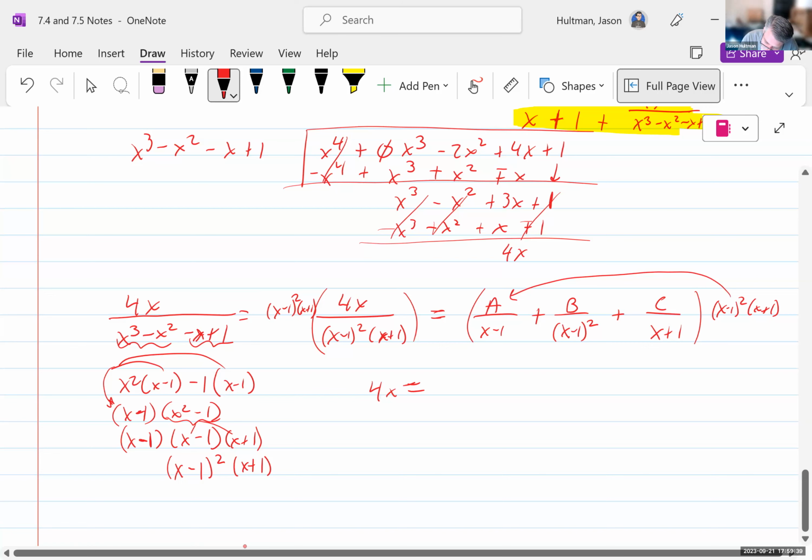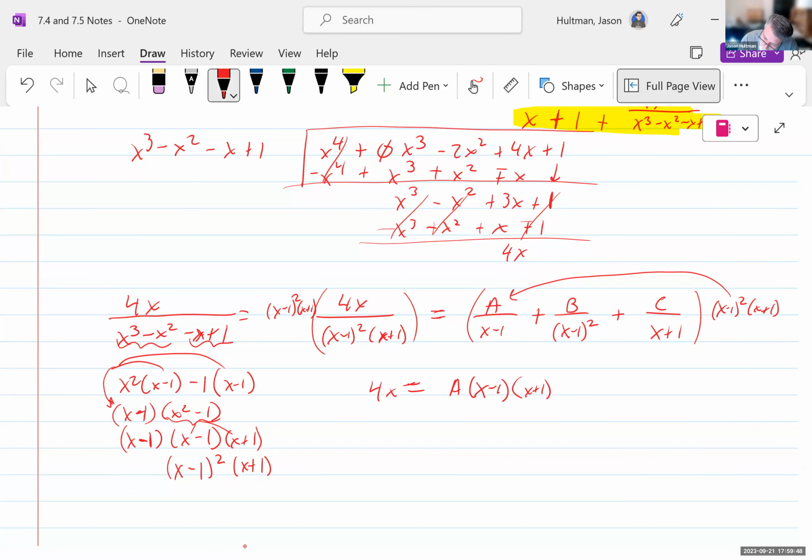So this is a times x minus 1 times x plus 1, because only one of the x minus 1s cancels. Then we get b times x plus 1. And then we get c times x minus 1 squared.